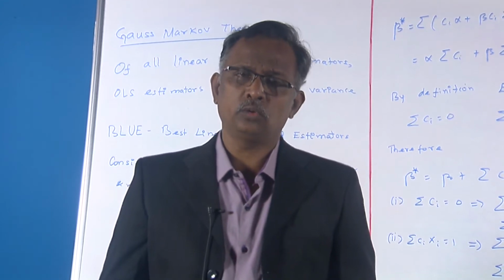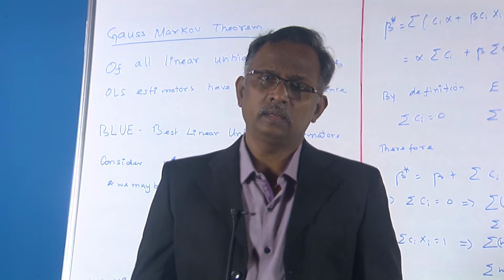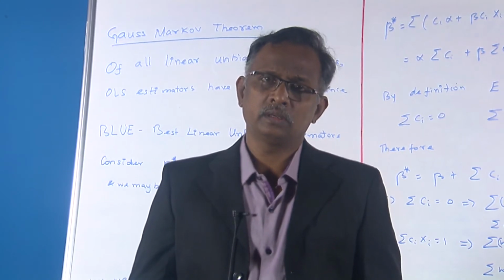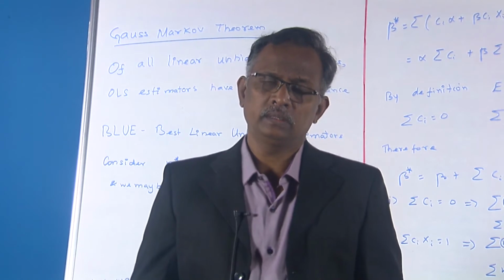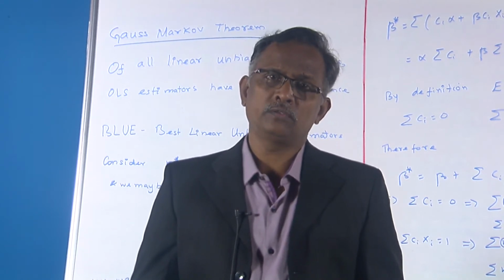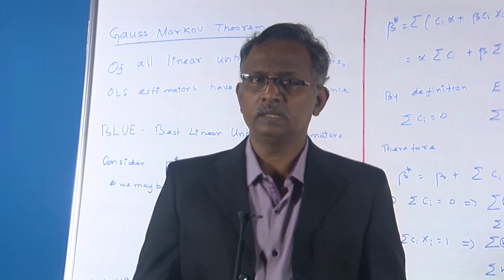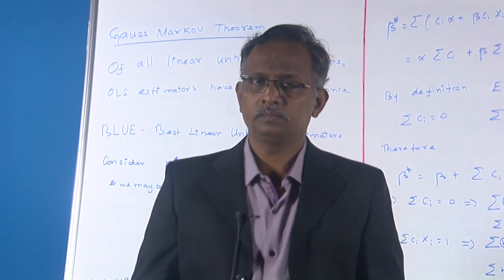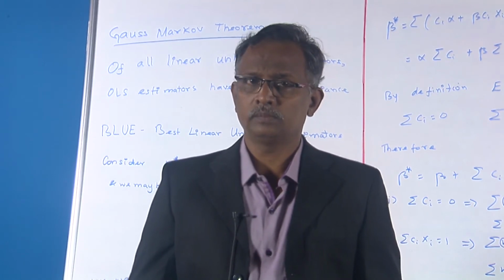There is another important property: in the class of linear unbiased estimators, OLS estimators have the least variance. This particular property of OLS estimators is called the Gauss-Markov theorem. Let us see how the Gauss-Markov theorem can be proved.